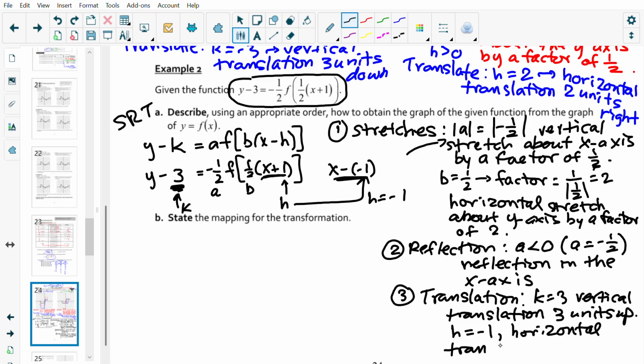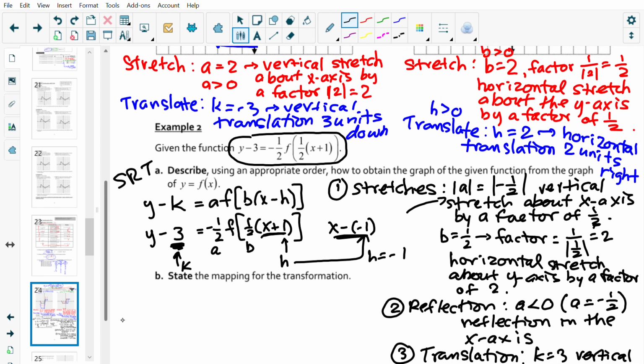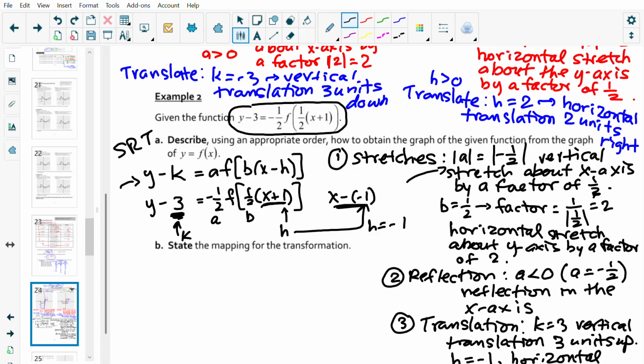That is a horizontal translation 1 unit when it's negative to the left. Okay, don't be saying translation 1 left. You have to say horizontal translation 1 unit left. Be very, very specific.